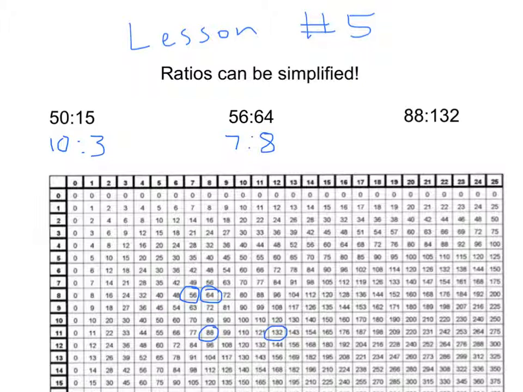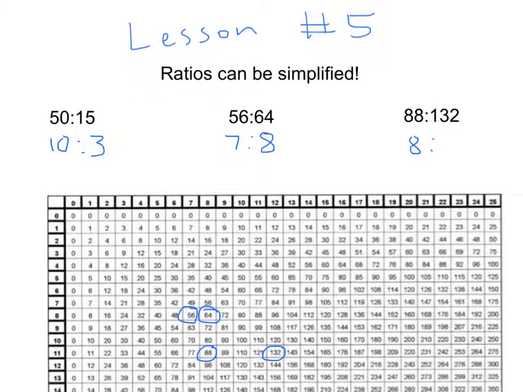Now I know definitely that the number 11 goes into both numbers because 88 divided by 11 equals 8. So we can go ahead and write that down. And 132 divided by 11 equals 12. So I can go ahead and write that down as well.